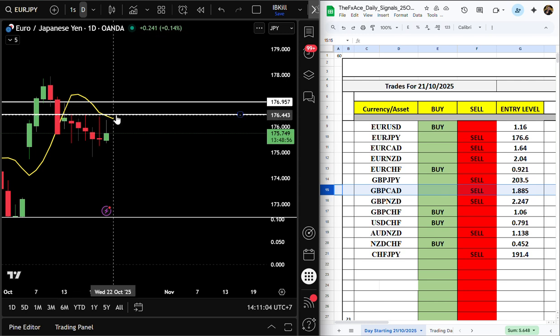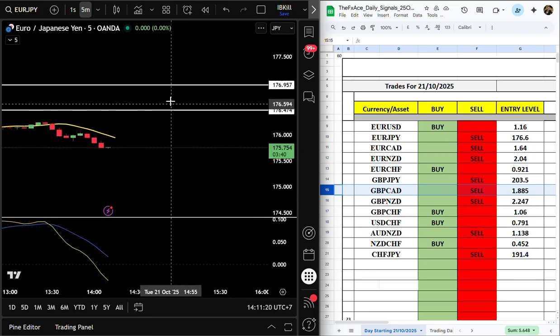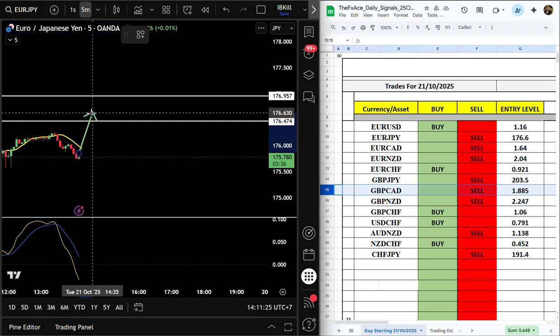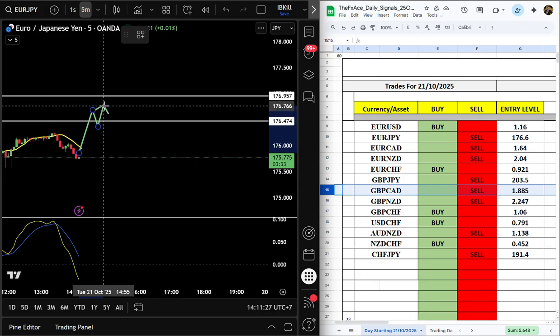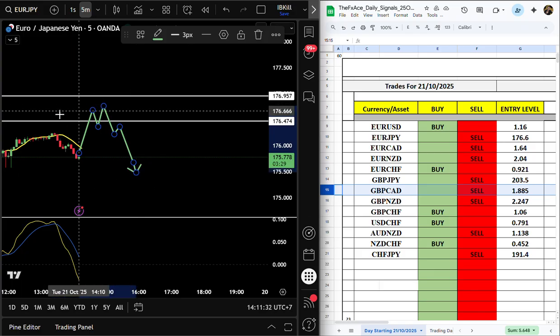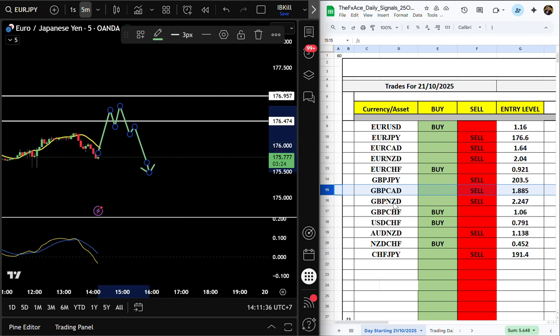I was wanting the price to move up, maybe slightly above 176.500 to 176.6, and then look to sell in around that area. It's the same price action, the same setup you want to see on the lower time frames at these levels, this time coming to the upside. You want to see something like this: it pierces up through, an initial reaction, maybe a new high like this, and then boom. This is a divergent signal, and you'd want to see this on the MACD. That's what you want to look for.